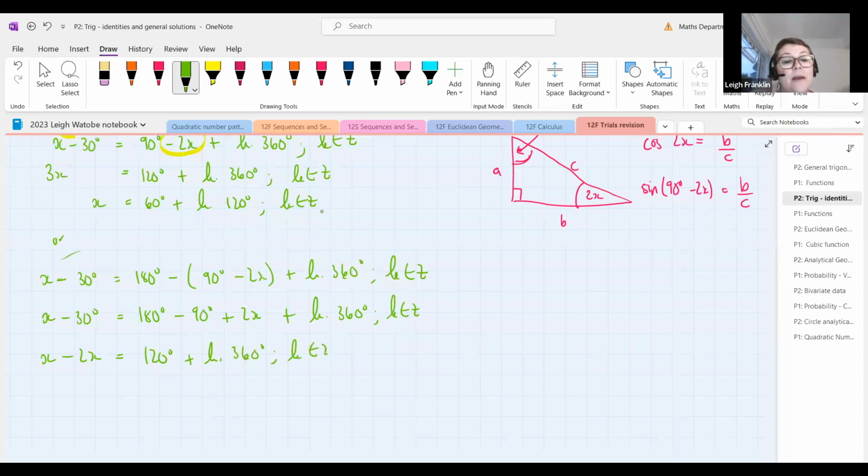And then here I would need to simplify that, so I'd get negative x. And then divide through by negative 1. So x would be equal to negative 120. And then here it could be plus or minus k times 360, k is an element of the integers.